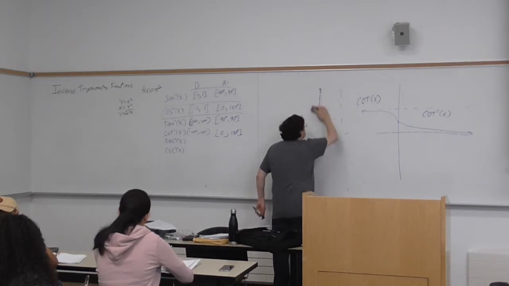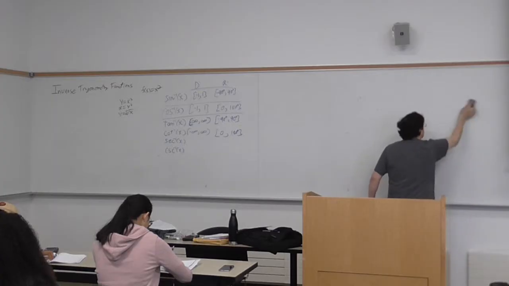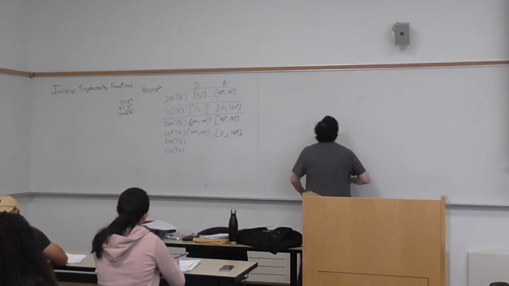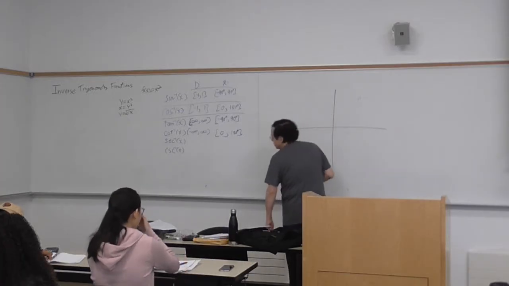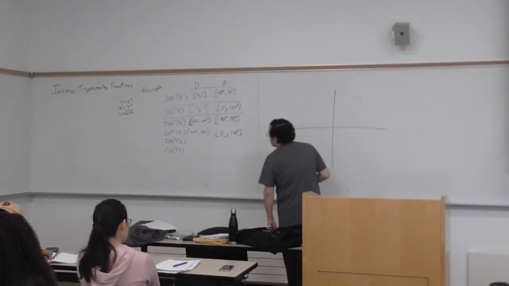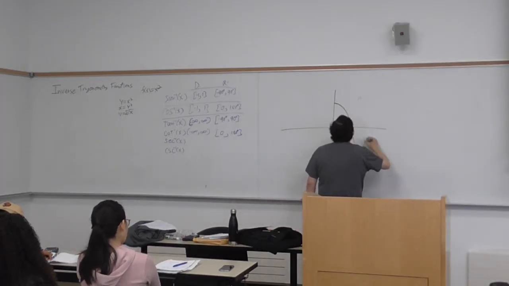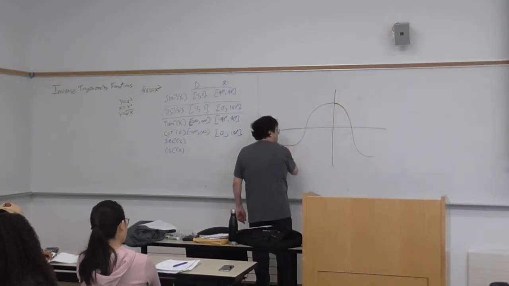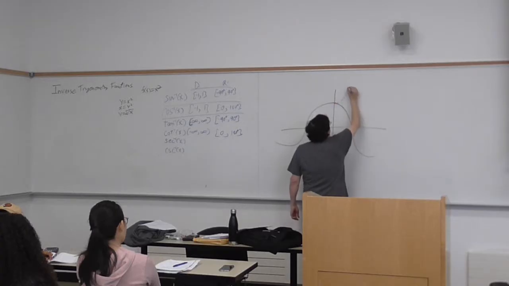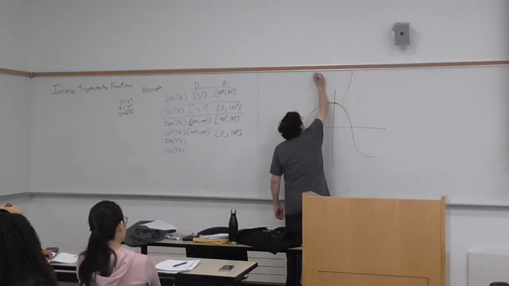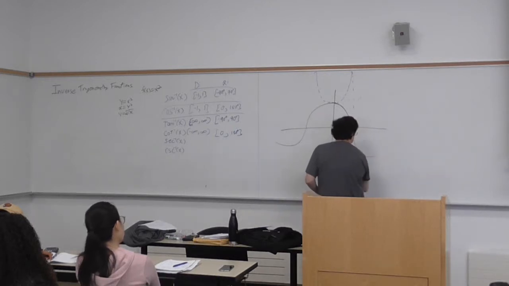You recall, when I graph the secant function, so that's not the inverse, it's the reciprocal of the cosine function, the graph is going to look like this, having asymptotes wherever the cosine hits 0.